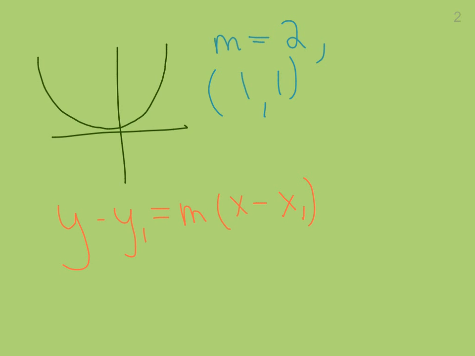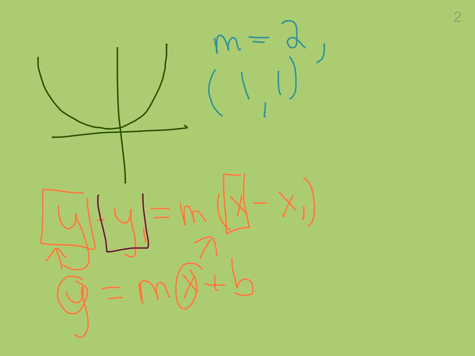Now, the x and the y are just your variables. When you have y equals mx plus b, that's your same x and your same y. That y1 and that x1 correspond, so that is y1 and that is x1.